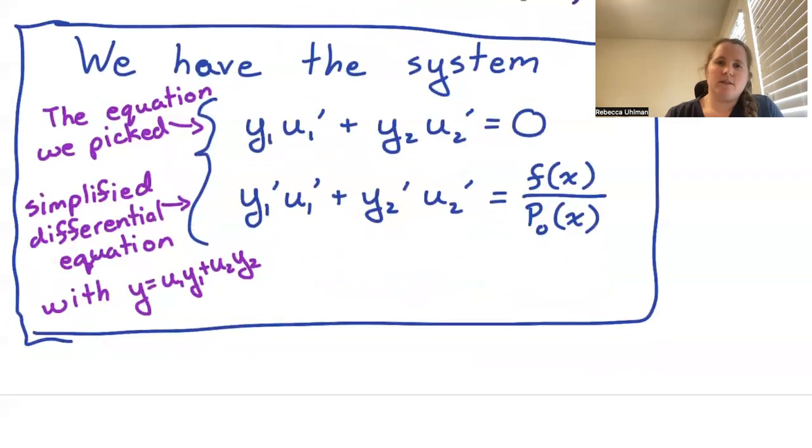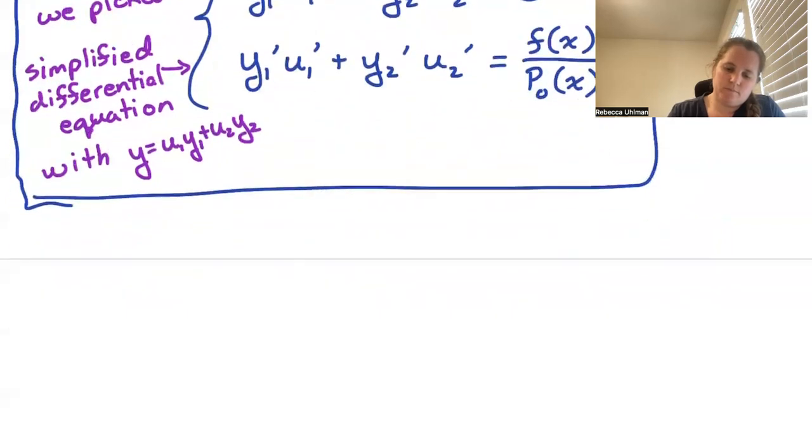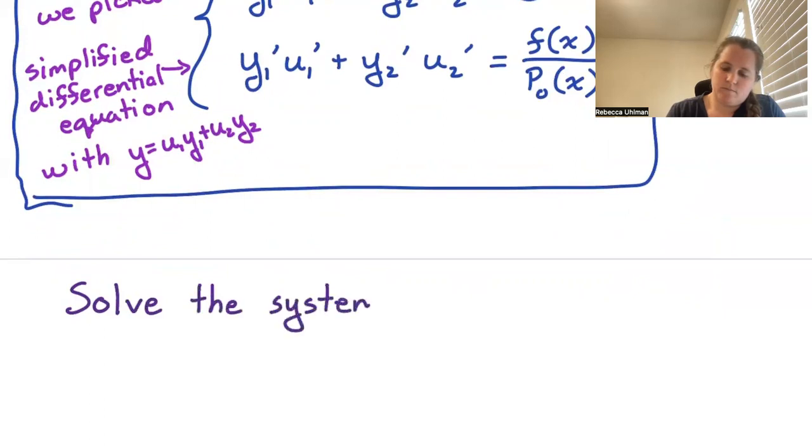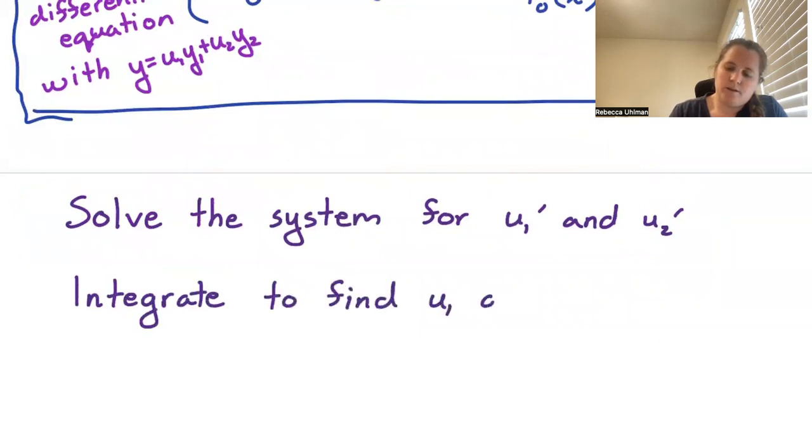Once we have this, we can solve the system for u1 prime and u2 prime, and then we can integrate to find u1 and u2.